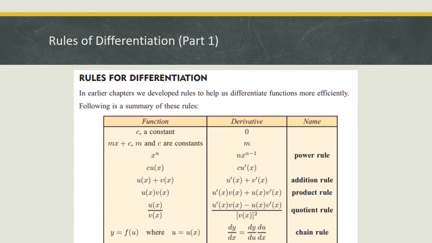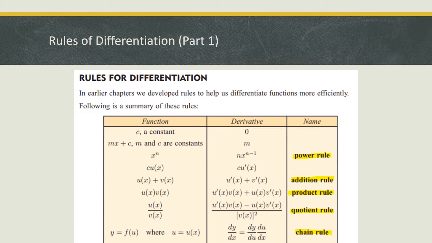First up, we have the power rule, we have the addition rule, we have the product rule. Next, we have the quotient rule. Then we have the chain rule. And utilizing these rules for anti-differentiation, for example, like in the power rule, as we can see, finding the derivative of the function would be subtracting 1 and then multiplying by the exponent.